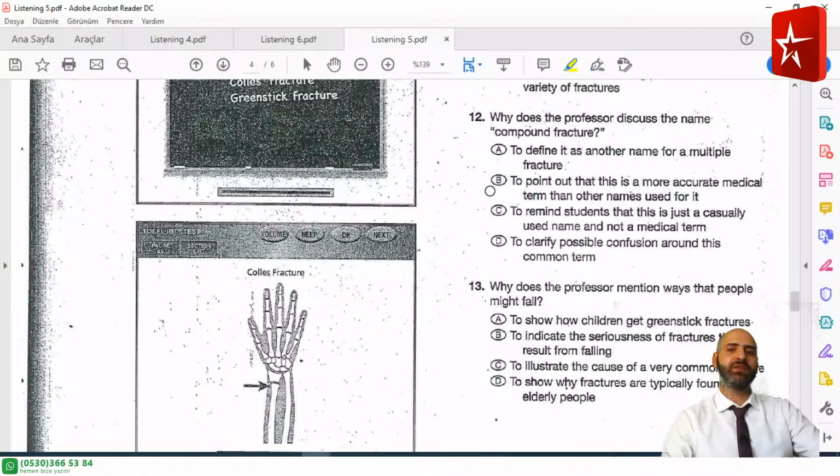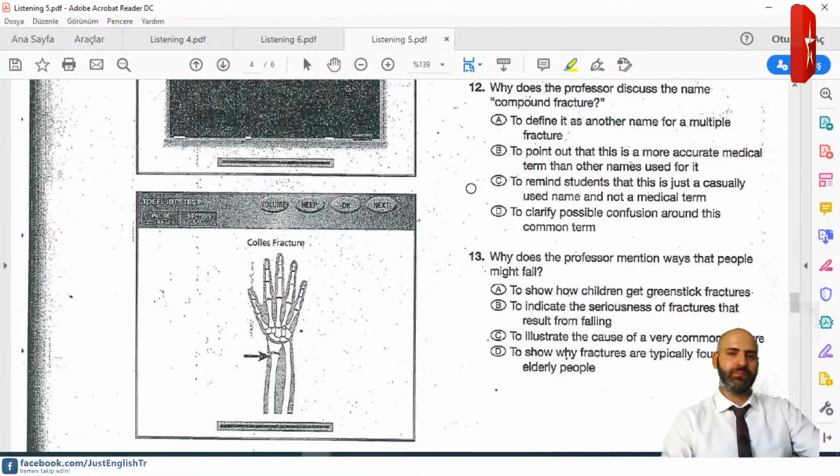Or D. To clarify possible confusion around these common terms. Why does the professor discuss the name compound fracture?